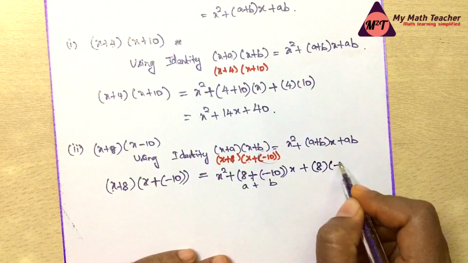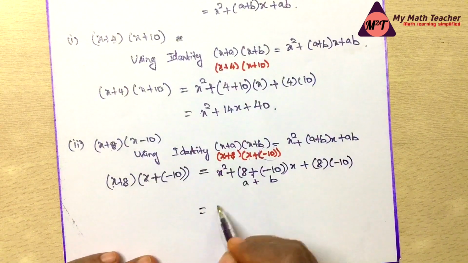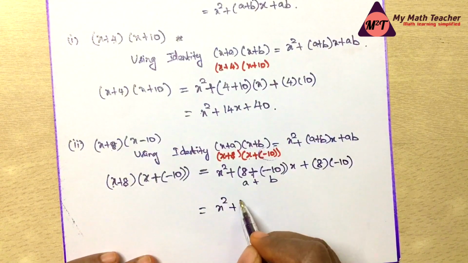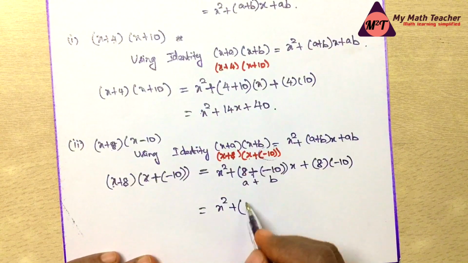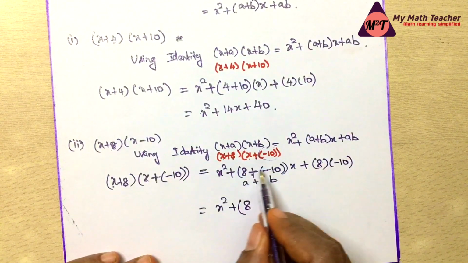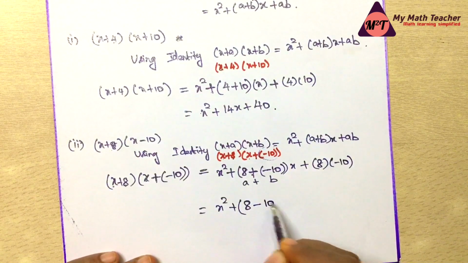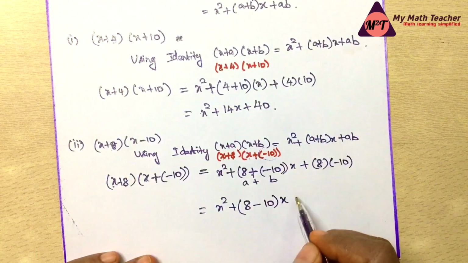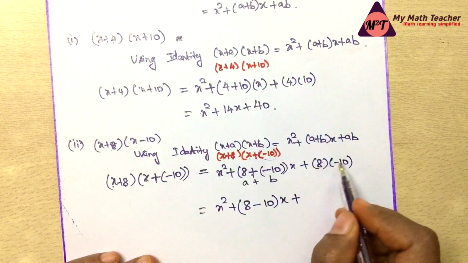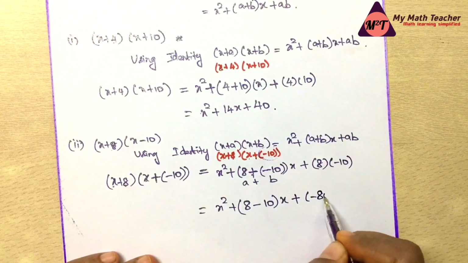8 into minus 10. Now x square plus, open the bracket. Now simplify this. 8 multiplied by the sign, plus into minus is minus 10, into x. So now plus 8 into minus 10, it is minus 80.